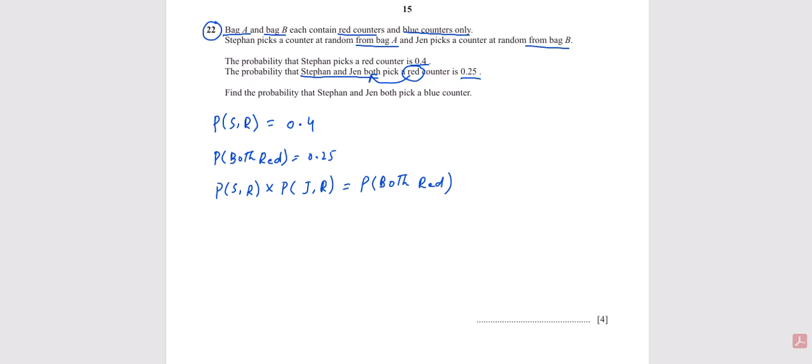Probability of Stephen picking red is 0.4, multiplied by the probability of Jen picking red.